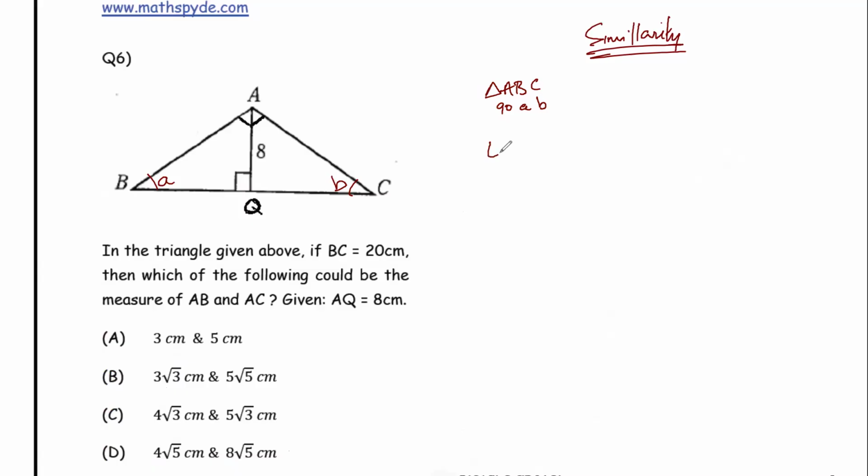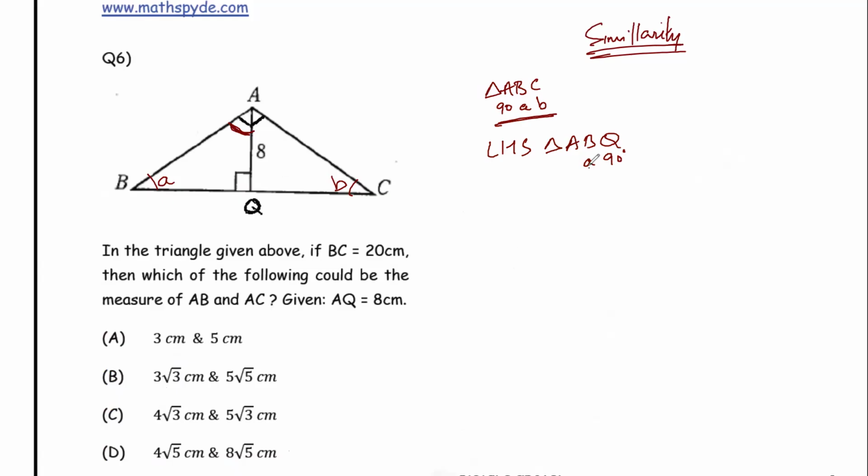Now, if you look at the left hand side triangle ABQ, the angle at A we don't know, but we know that the angle at B is B and the angle at Q is 90 degrees. We know that A and B is 90 degrees.